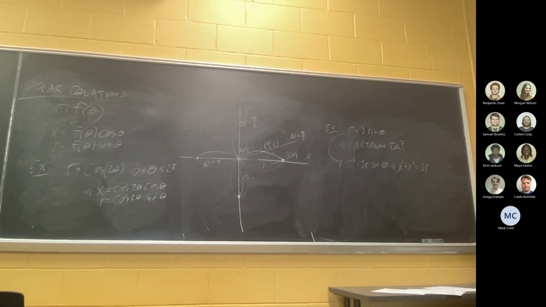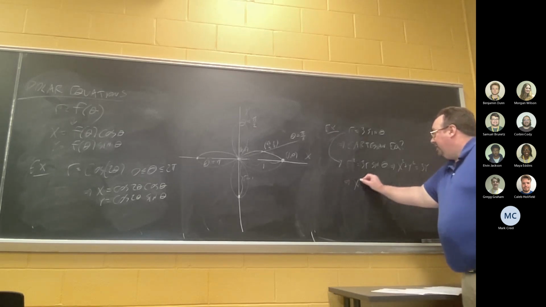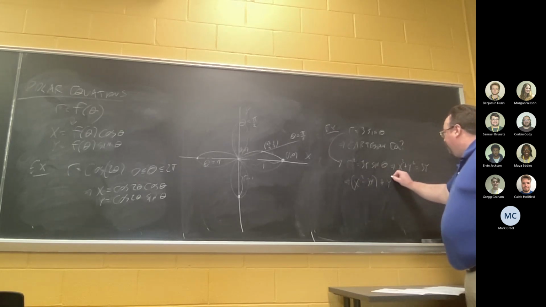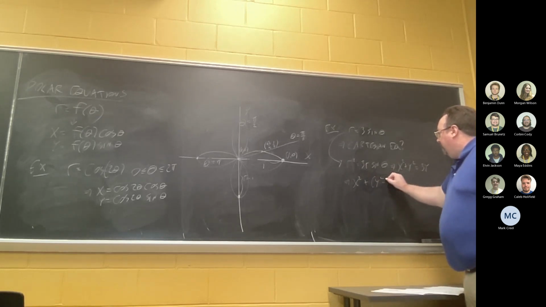Now, what does this Cartesian equation actually represent? What I can do is rewrite it by grouping x terms and y terms together, x squared plus y squared minus 3y.